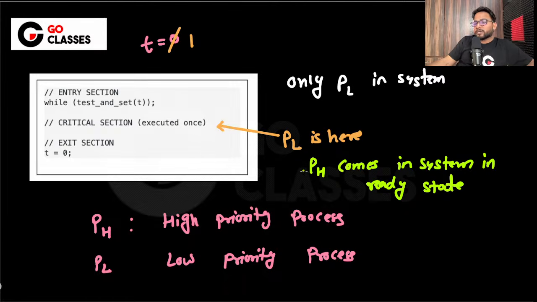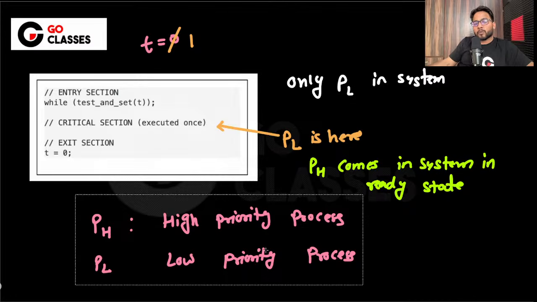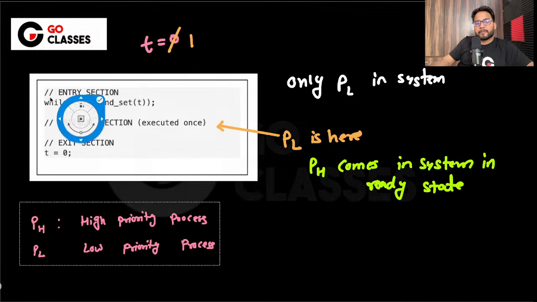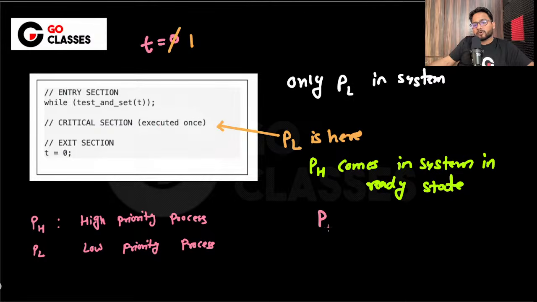Now, if it is a priority scheduler, it will say, since I have the high priority process with me, let me just run it. So it was running PL, but PL will get preempted at this moment. See here, this is very interesting. PL, which was a low priority process, will get preempted because it is a priority scheduler.